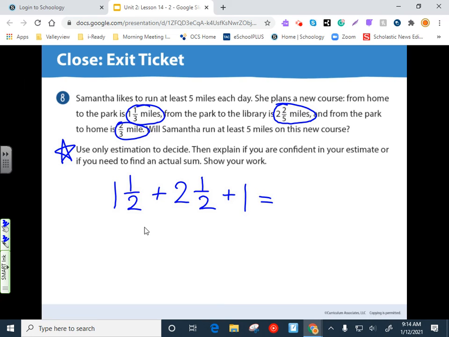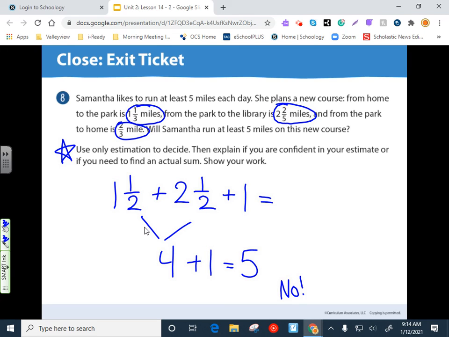I got 1.5 plus 2 1/2. So these are going to give me 4 plus 1, and that's going to give me 5. So the question is, will she run 5 miles? The answer is actually going to be no.